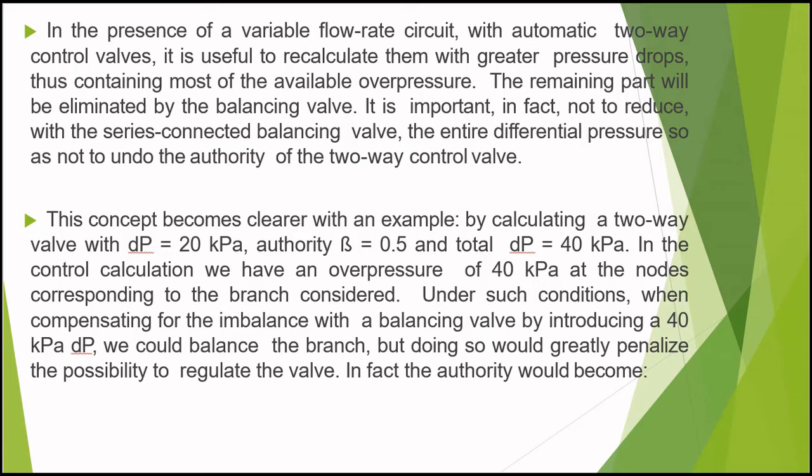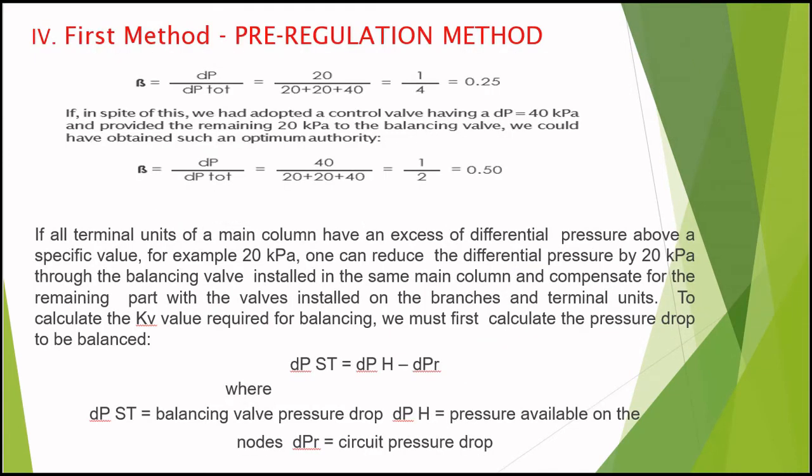In fact, the authority would become beta equal to dP divided by dP total, which is 0.25. If in spite of this we had adopted a control valve having dP 40 kPa and provided the remaining 20 kPa to the balancing valve, we could have obtained an optimum authority, which is 0.5.